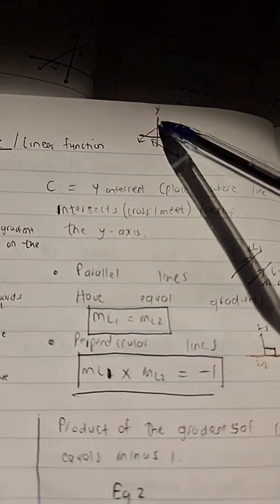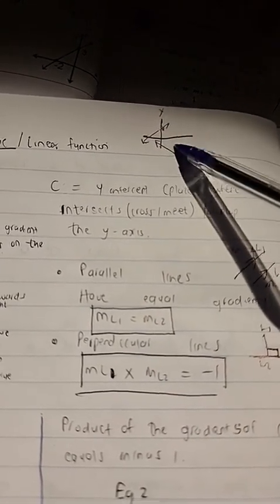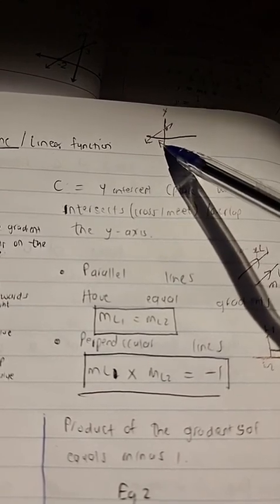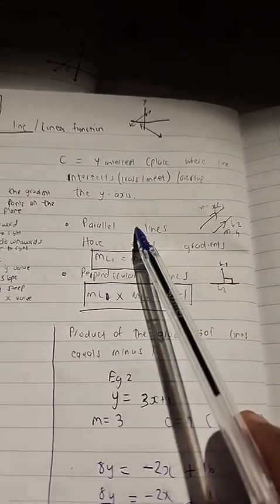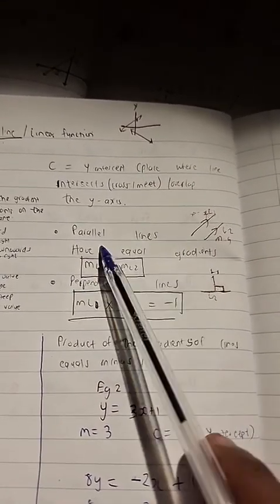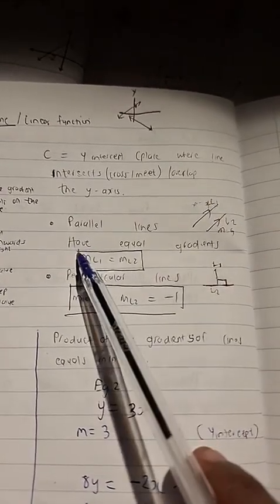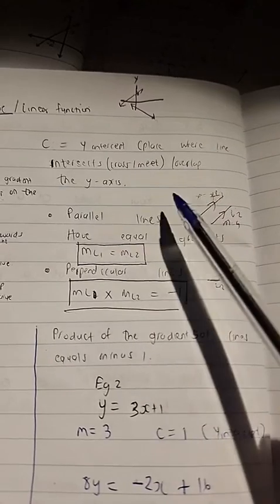Like you are seeing these straight lines overlapping the y-axis there, the straight line also overlapping the y-axis at that point. And then I mentioned that parallel lines have equal gradients. If lines are parallel, guys, the gradients are the same. They are equal, they are constant.